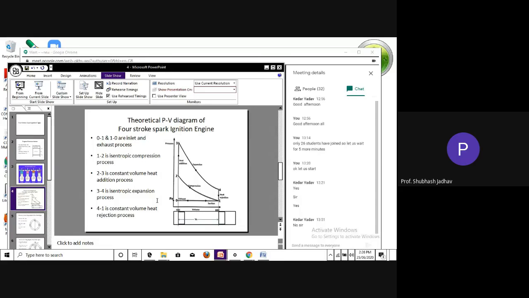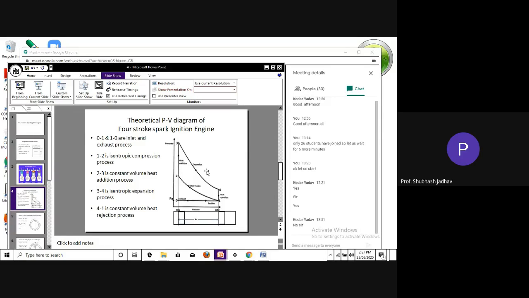But remember, as I told you earlier, when you draw an Otto cycle PV diagram, you start from 0 to 1, 2, 3, 4. You will not draw the line 0 to 1 or 1 to 0. Actually, there are 2 lines over there, overlapping on each other. These 2 lines we are not drawing, and we say your cycle is 1, 2, 3, 4.